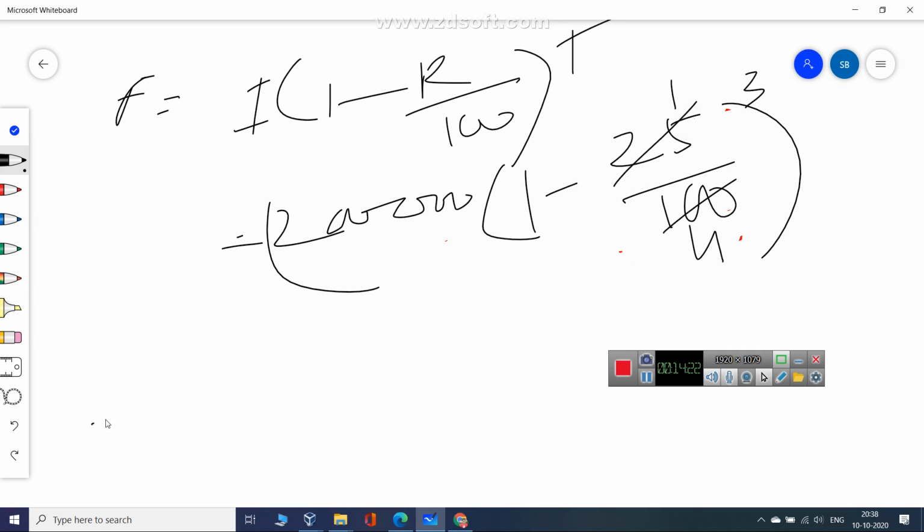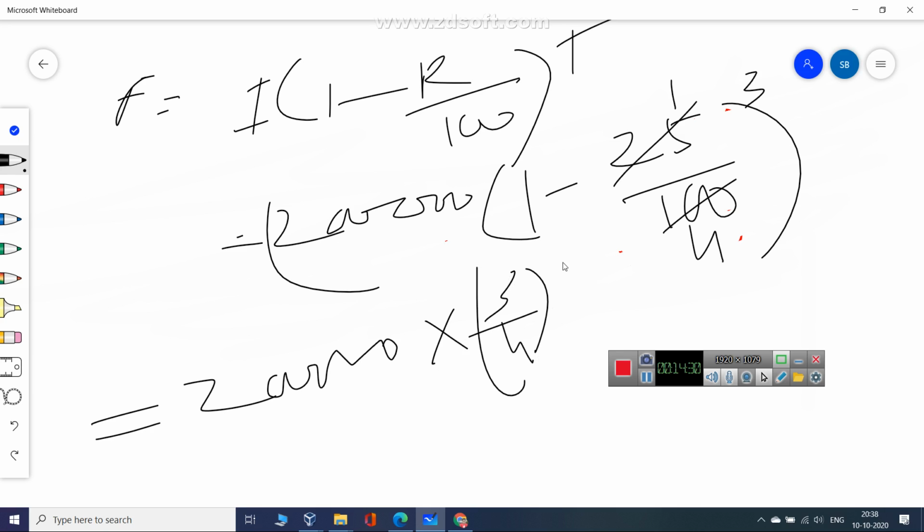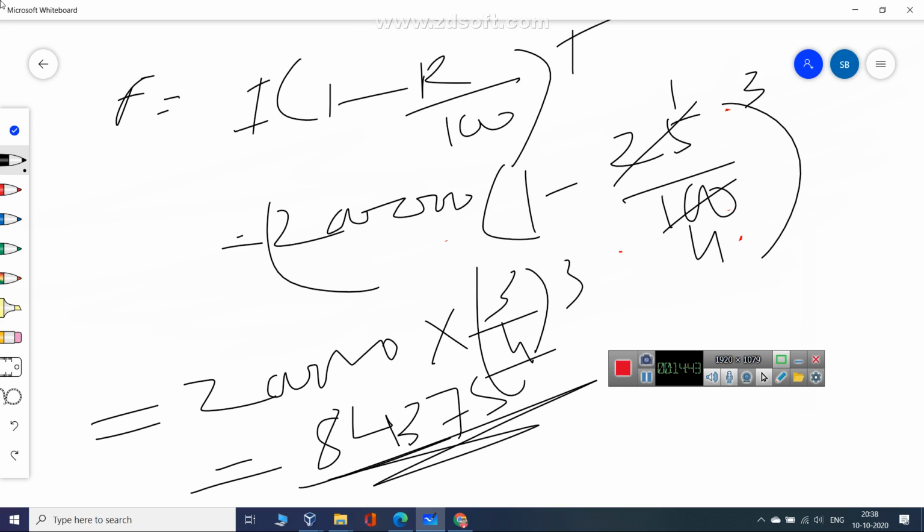So we will get 200 into (3 by 4) cube. So we will get 84,375. So this is the answer.